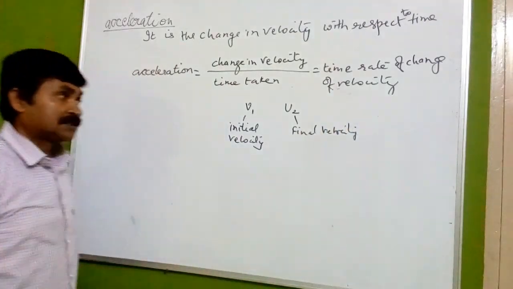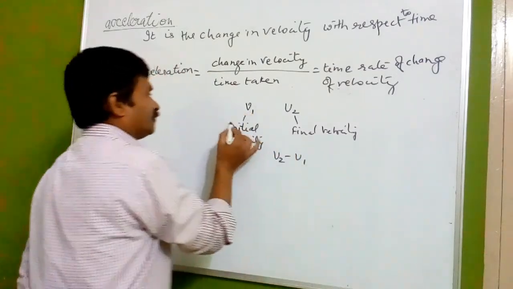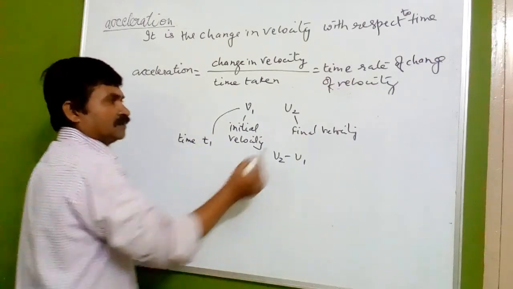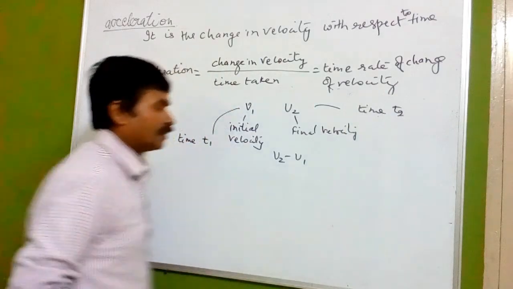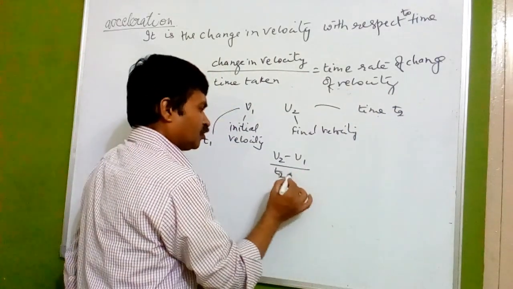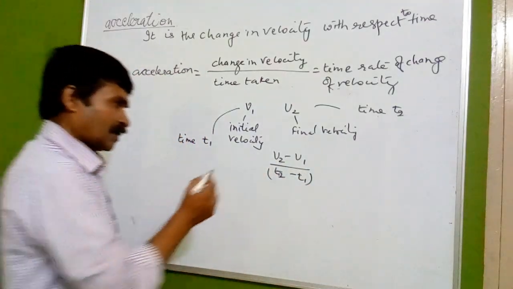Now we have this change in velocity, v2 minus v1. Time at t1 and time at t2. Now t2 minus t1 is always a change in time. Time may not be negative here.